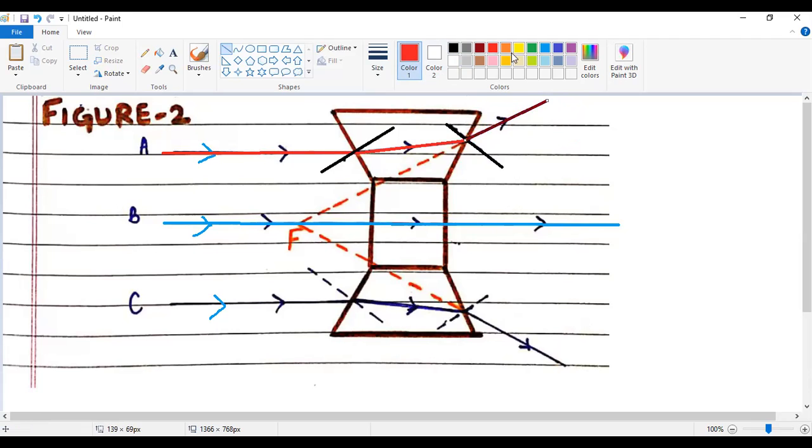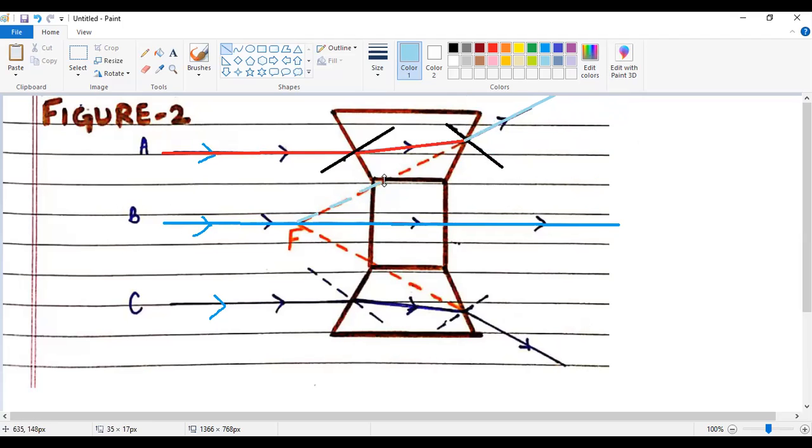Now students, the light which is emerging out of the prism is moving away from the central line. It is not coming towards the center, rather it is going away from the central line. So let us produce this line backward.